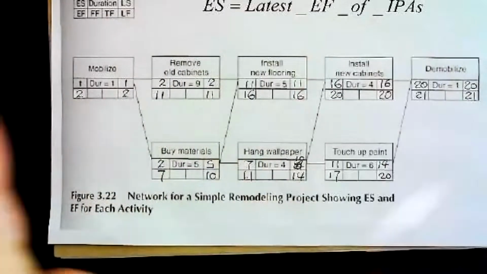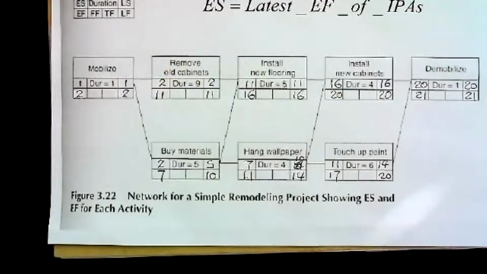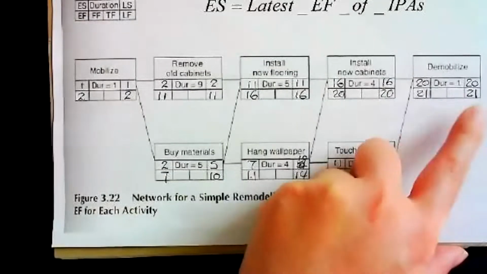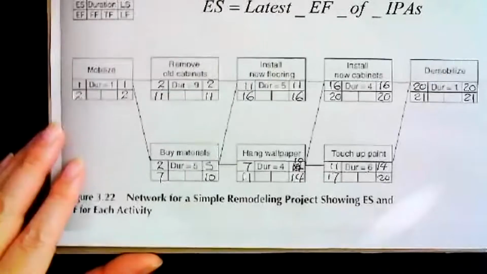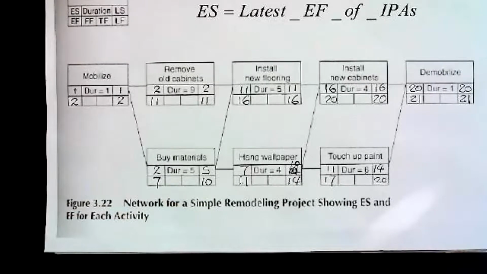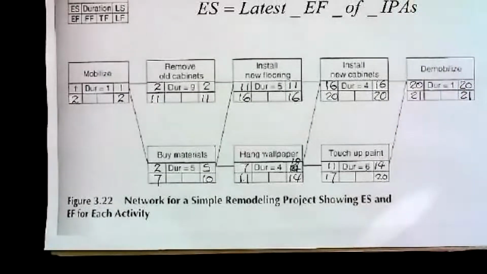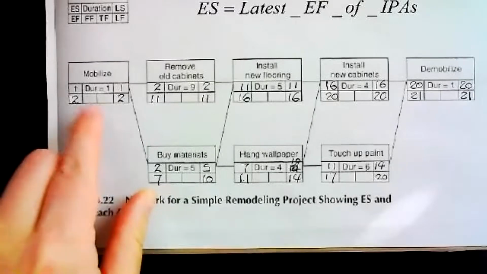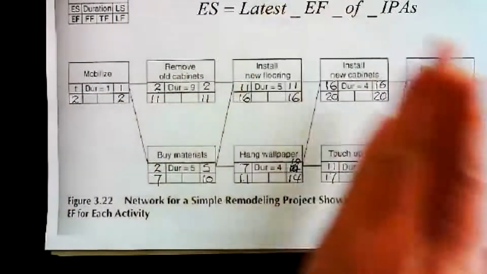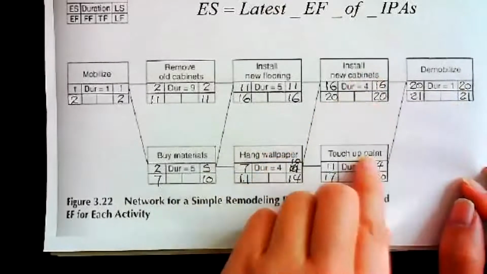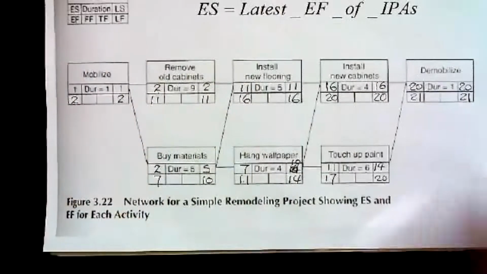First round, forward calculation for early start, early finish. Then set up the same number over here and then calculate backward for late start, late finish. Okay. Any questions so far? This is early start, early finish, forward pass. And then we calculate late start, late finish, backward pass, one by one.